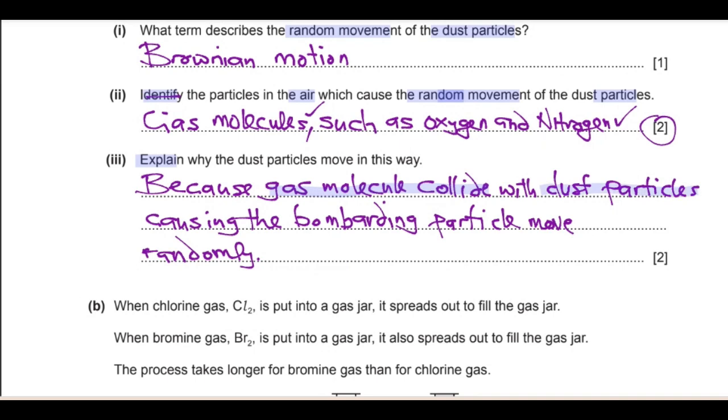Now, what this collision is causing is the random movement. So be assured of getting a mark because we have stated what is causing the random movement of the dust particles. Learn how to answer questions, and that is the purpose of my videos.